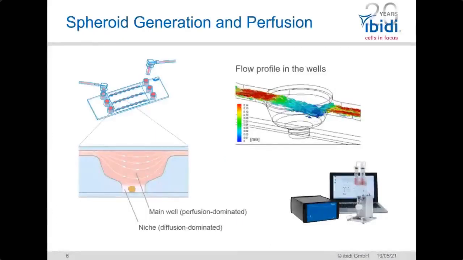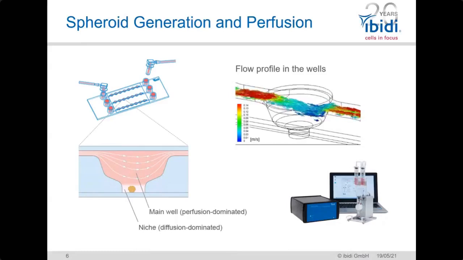Because, as I said before, the microwells are connected by channels, it is possible to cultivate the spheroids under perfusion, or let's say under constant exchange of the medium. And as you can see in this simulation here on the right side, the flow is only in the upper part of the microwell, which we call the perfusion dominated area.